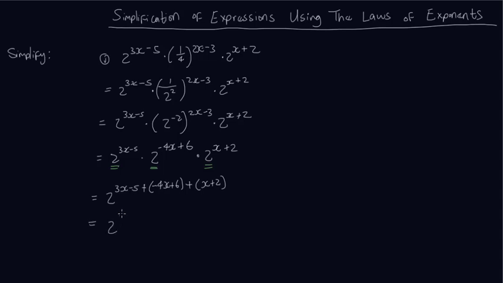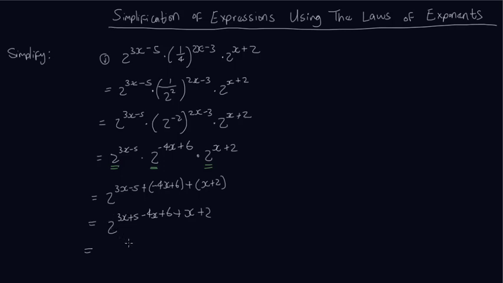So it's 2 to the 3x plus 5. Positive times negative, that's negative 4x. Positive times positive, that's positive 6. And then plus x plus 2.